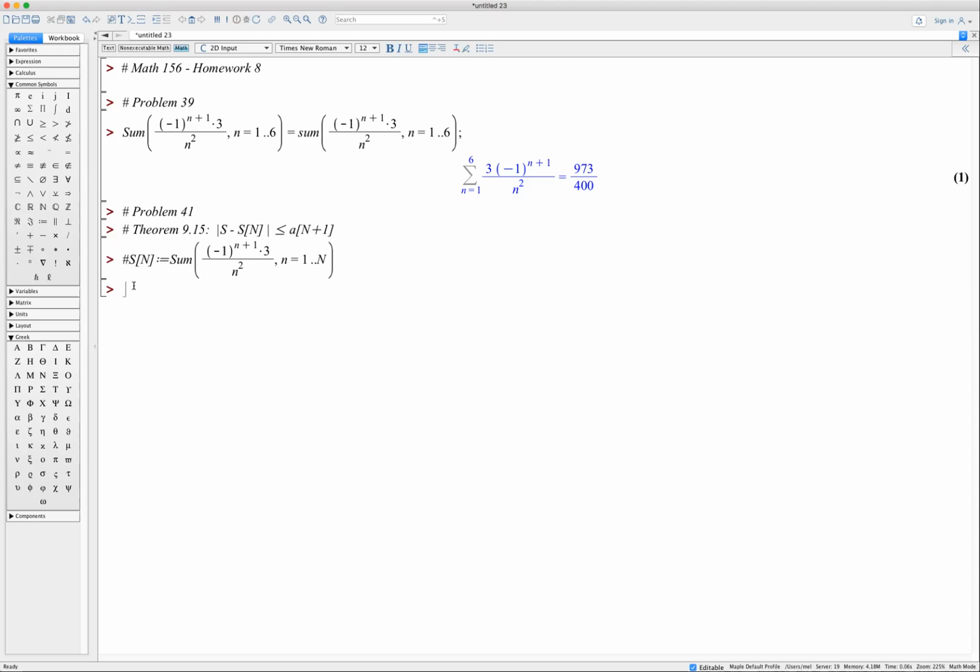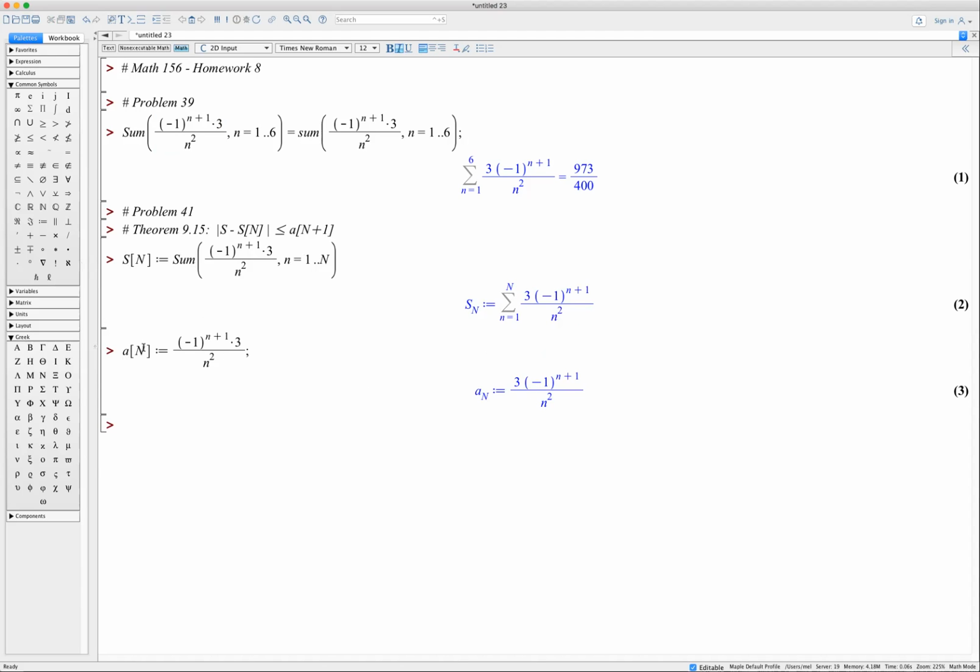And the nth term, a_n, is this. Right? So this is the partial sum of the first capital N terms of the series for any number capital N.